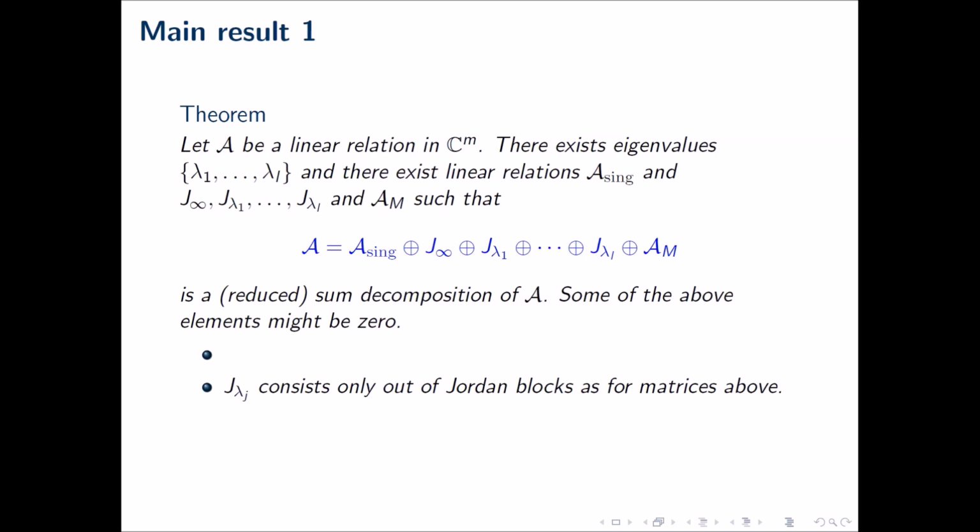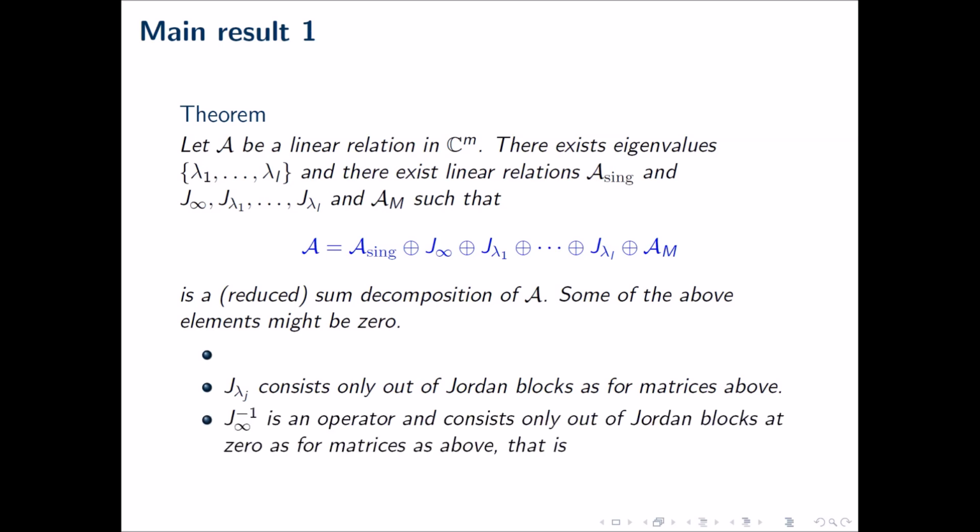I said it already. Lambda J consists of Jordan blocks. This corresponds to infinity. If I take its inverse, then it's again Jordan blocks at 0. I decided for this talk, in order to make things easy, I don't define it correctly, let's say.